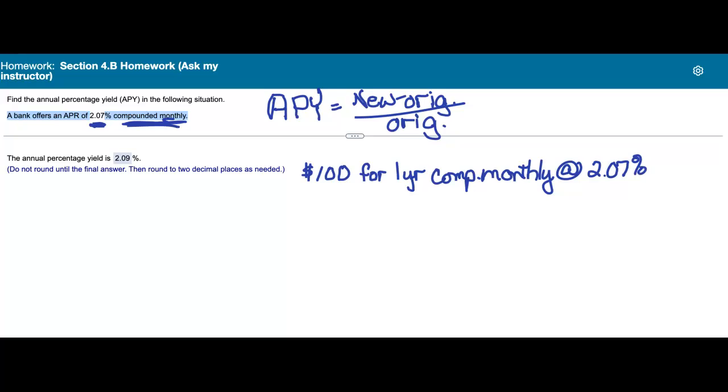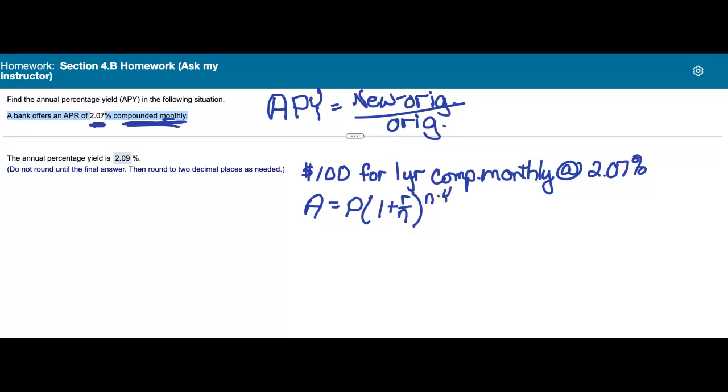So our formula for this would be A, the amount in the account, is equal to the principal, or the amount invested, times 1 plus r over n, where n represents the number of times compounded in the year, raised to the n times y.